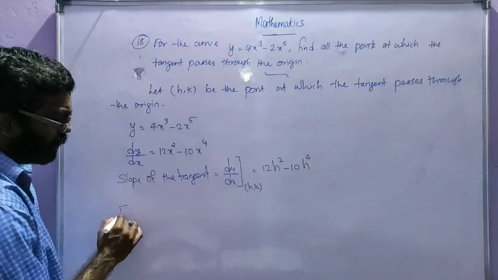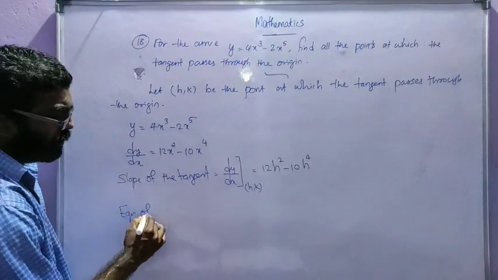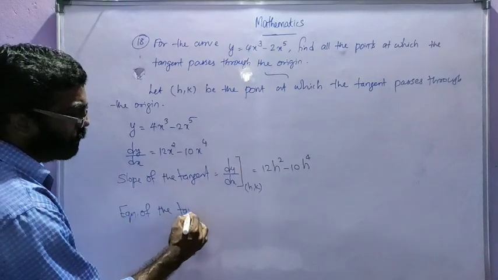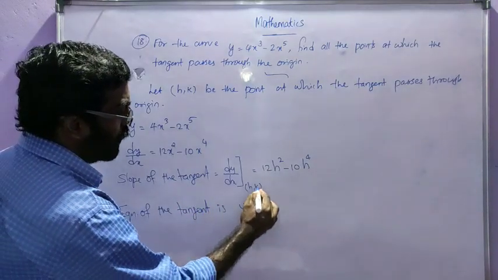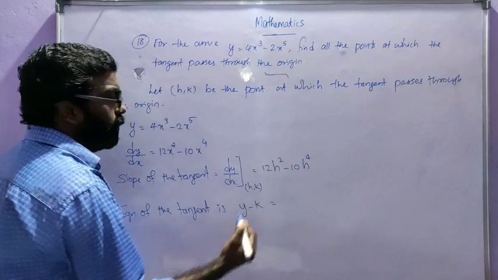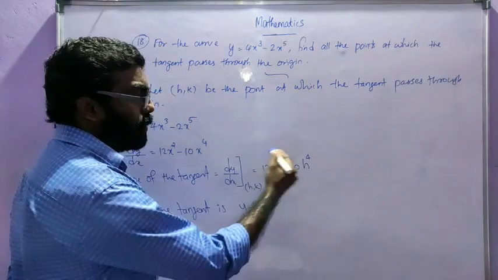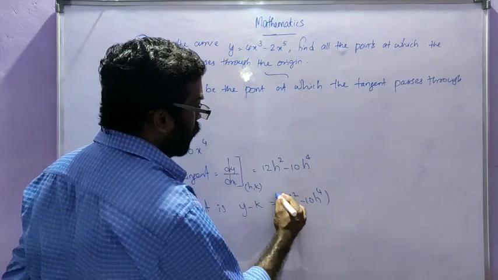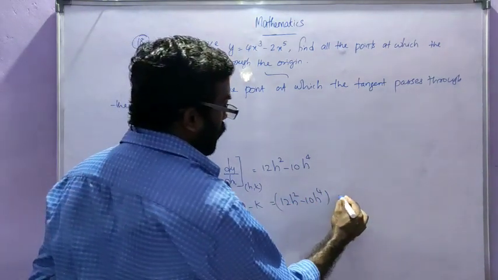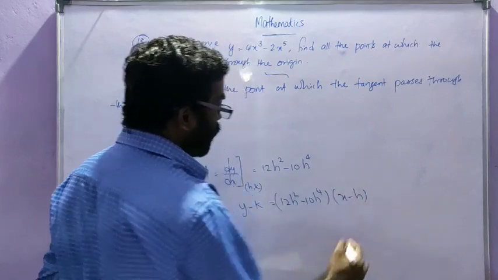Now we can find the equation of the tangent. The equation of the tangent is y - y0, that is y - k, equal to f'(x0), that is the slope, 12h^2 - 10h^4, into (x - x0), x - h.